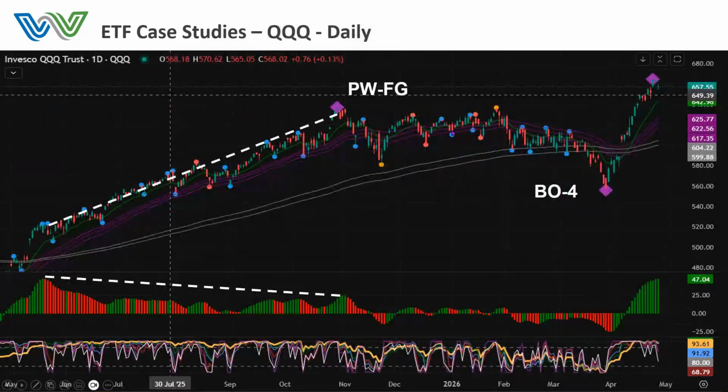Same with the Qs. We came down to a viable area. The wave is still above the tunnel. Now, if the wave crosses down below the tunnel, then bets are off for the breakout 4 trade. It means that we're probably going to go lower, but the wave has held the tunnel. And so that's a bullish sign.